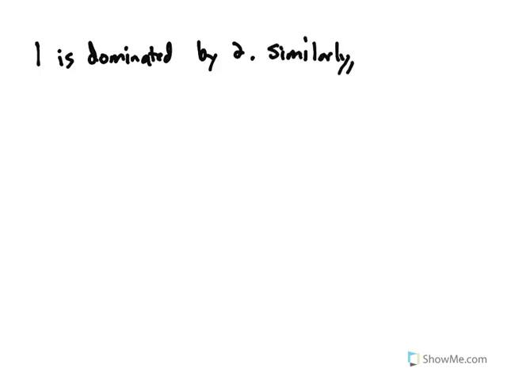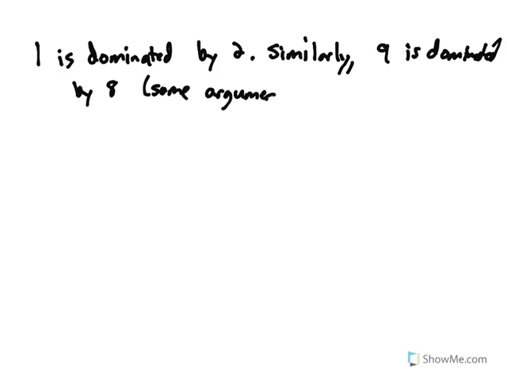And thus, 1 is dominated by 2, and similarly, 9 is dominated by 8 by the same argument, just from right to left instead of left to right. Okay? So, 1 and 9 are dominated strategies.